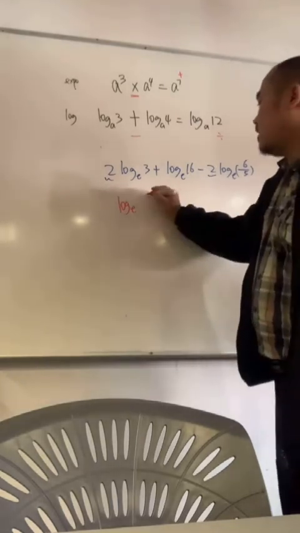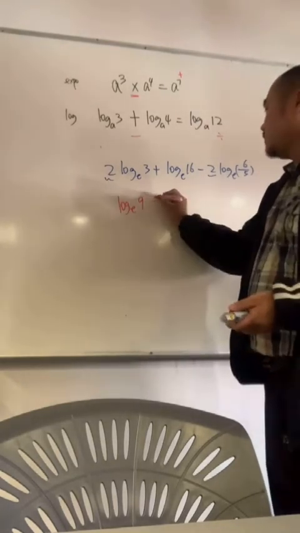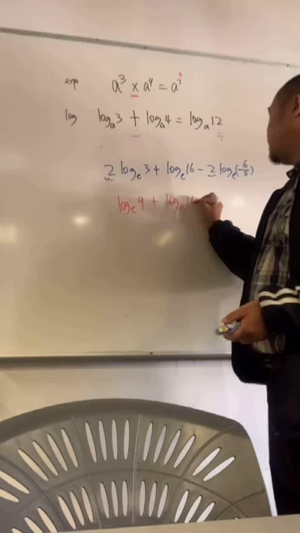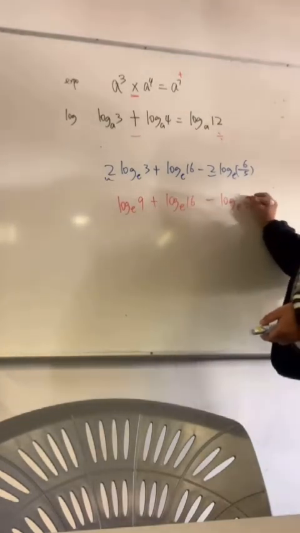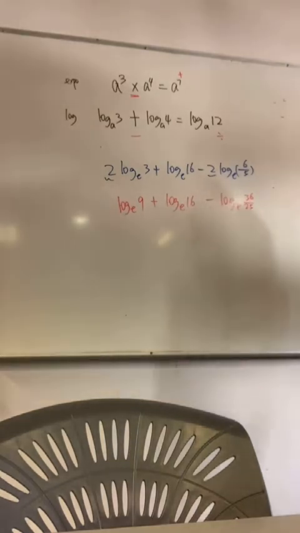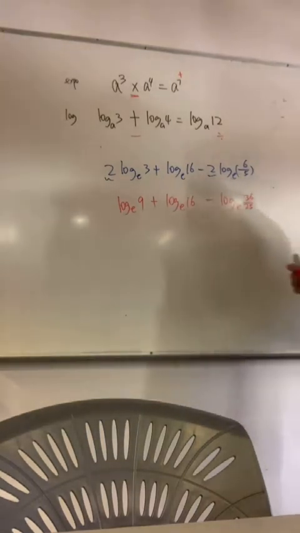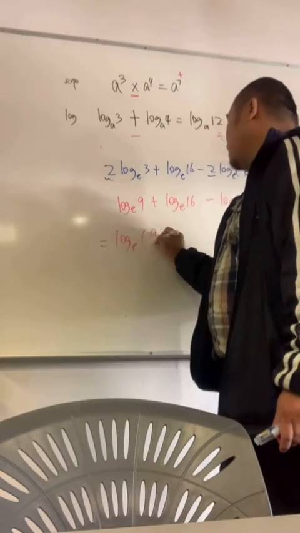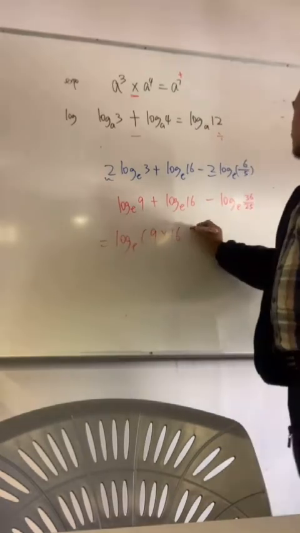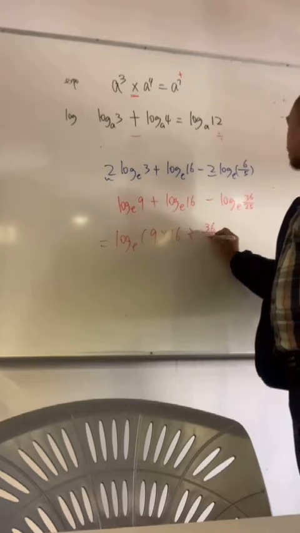Okay, so this would be log e 9 plus log e 16. And this one would be log e 36 over 25. Okay, and then log e 9 times 16 divided by 36 over 25.